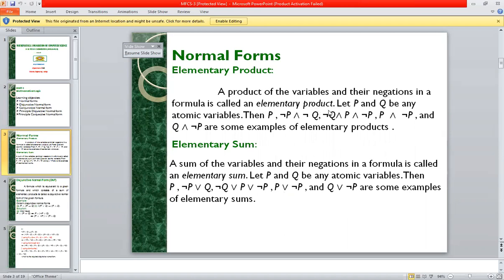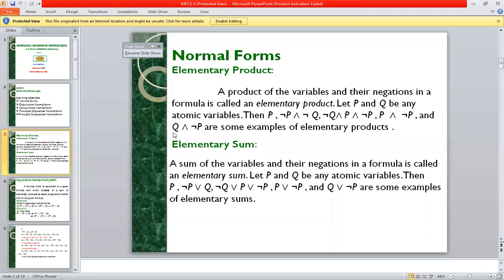Here P and Q are two atomic variables, then their products are P, negation P and negation Q, and P and negation P. This product contains the variable P and its negation, so this product is called an elementary product.